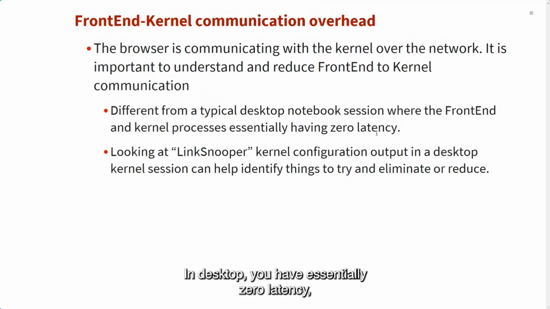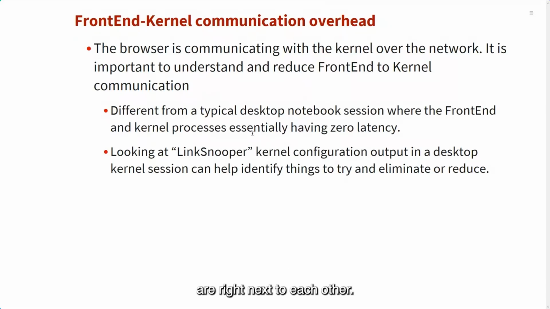In desktop, you have essentially zero latency because typically the front end and the kernel processes are right next to each other. One way to do this is hook up your LinkSnooper kernel configuration output in your desktop kernel session, and you can see how much communication there is between the kernel and the front end for your given notebook or mini application. And the key is you want to eliminate as much of that as possible.